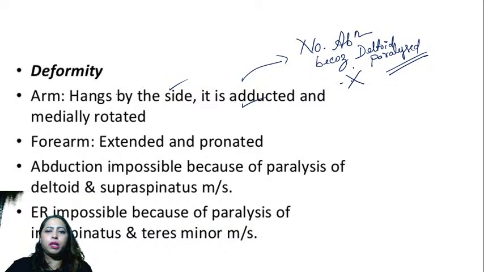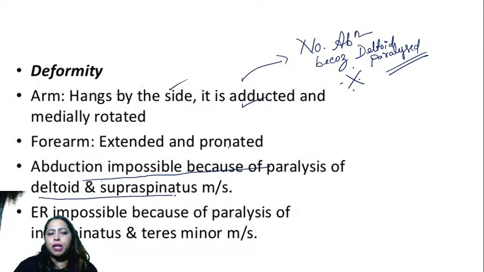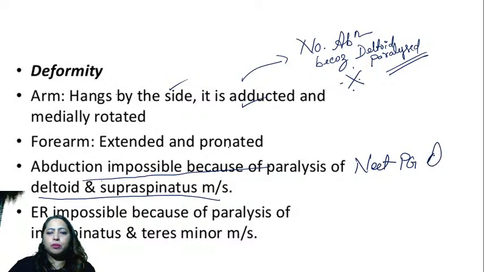Very, very important: in Erb's palsy, the main thing you can notice is the person is not able to abduct the shoulder. You can see an extended and pronated forearm. Abduction is impossible because of paralysis of deltoid and supraspinatus. It is a very important NEET PG question.